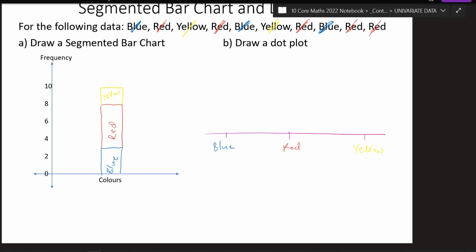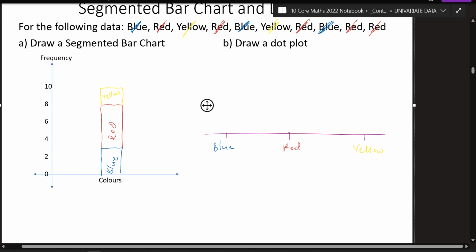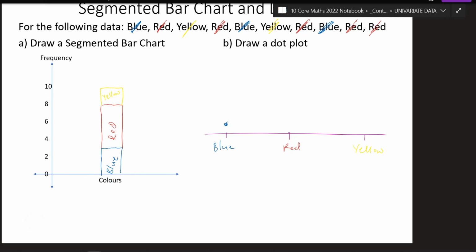For blue, I know that there's 3 based on my values here for my segmented. So 1, 2, 3. For red, I know there was 5 because this is from 3 all the way to 8. So that should be 5 values. So 5 dots. 1, 2, 3, 4, 5.